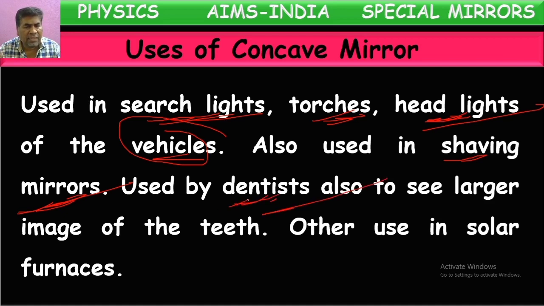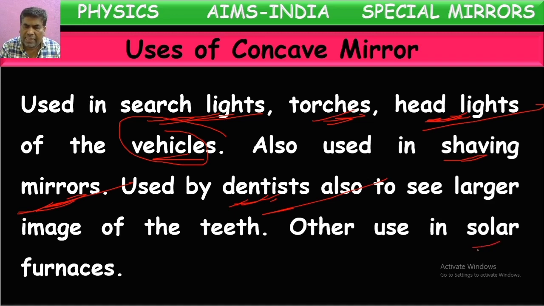So in science, we are discovering so many things. Whatever concepts we have identified, we apply in our real life in making so many instruments, so that our work will be easier and more comfortable.